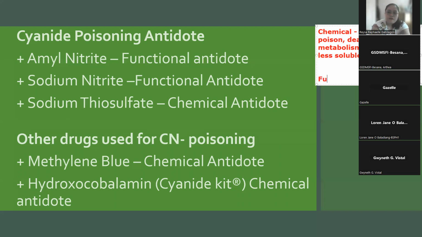But if you say functional antidote, the functional antidote has nothing to do with the poison. It will not really target the poison, or it will not act on the poison. It will not have an interaction with the poison. So like in this case, the amyl nitrite and the sodium nitrite class has nothing to do with the cyanide.